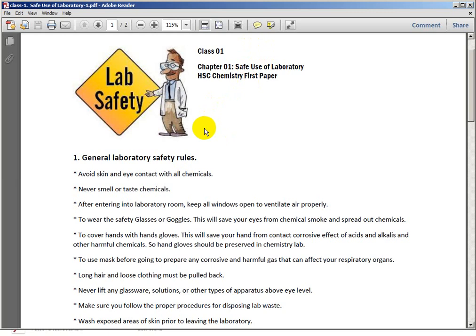Okay, you call me and I'll show you the chemistry lab. Our chemistry lab is excellent, I think. These things I arranged, everything I arranged. So you will see the chemistry laboratory.